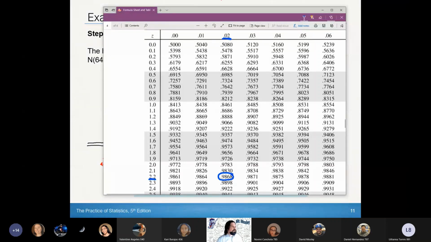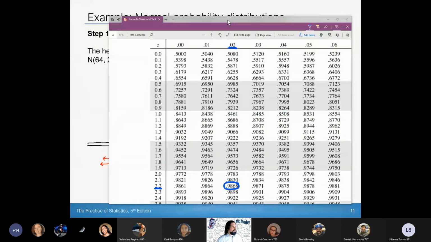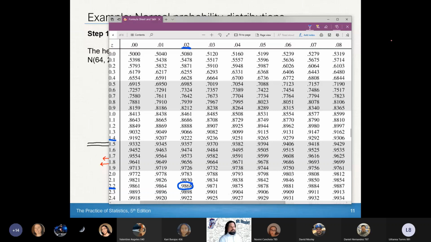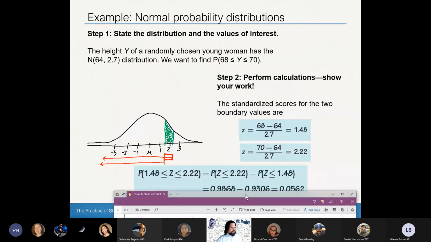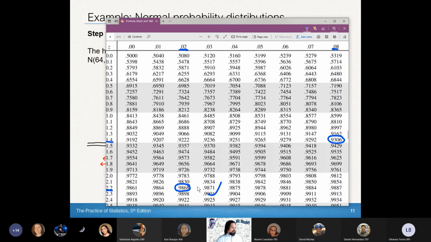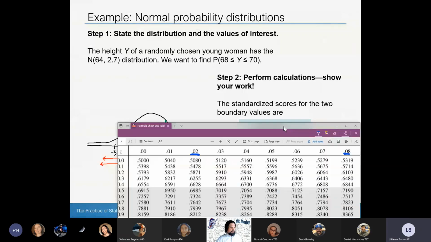And then we have 1.48. So now I do the same and I say 1.4. I'm going to have to scroll over. 8. We get 0.8 over here. And so we follow that. 1.48 and 0.9306. And those are the two numbers that we have here, 0.9868, right here, 0.9306. Okay, thank you. Okay, you're welcome.